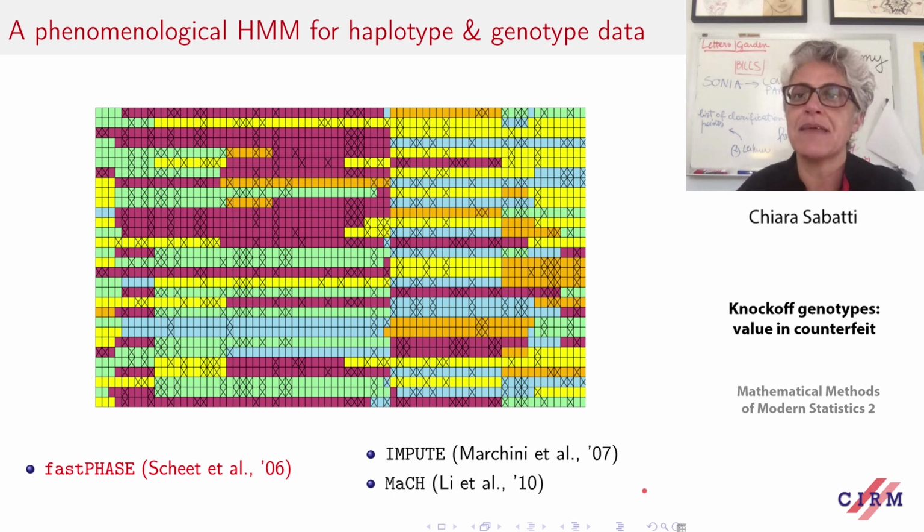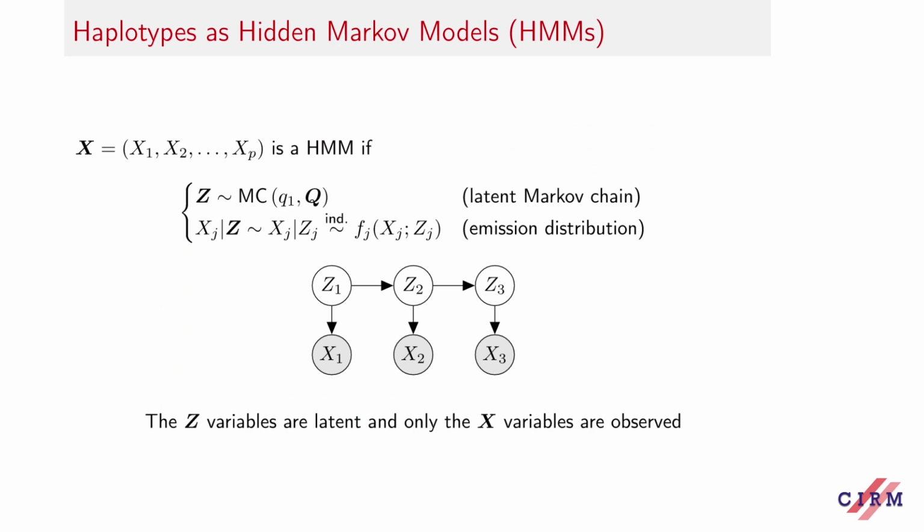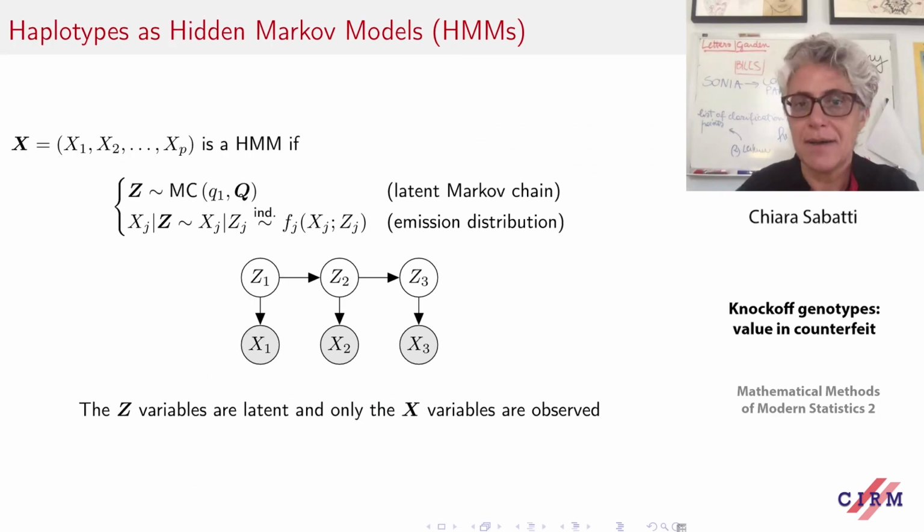There are even more efficient ones that are used routinely in genetics for imputation and phase reconstruction, that is going from the identification of genotypes to reconstructing which alleles reside in the chromosome that every individual has inherited either from the mother or the father. Without going into details, just believe me that these hidden Markov models are very commonly used to model genotypes.